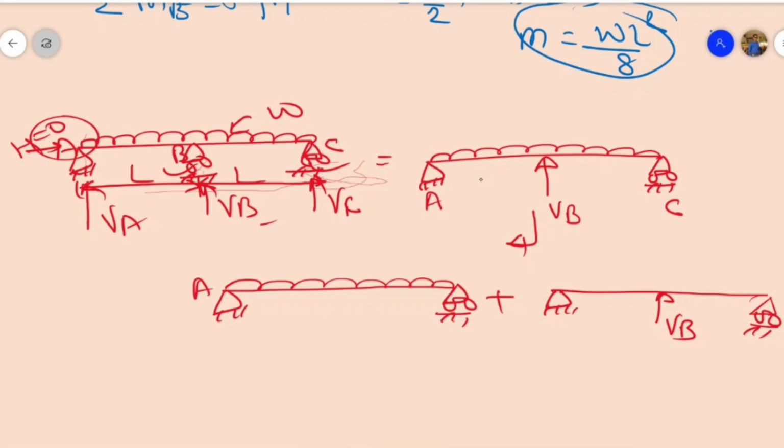This is support A and this is support B. So this beam we can write like this, and since joint B is a roller support, at this point B can we say that delta at B equals 0, meaning net deflection equals 0, right? So how can we write?